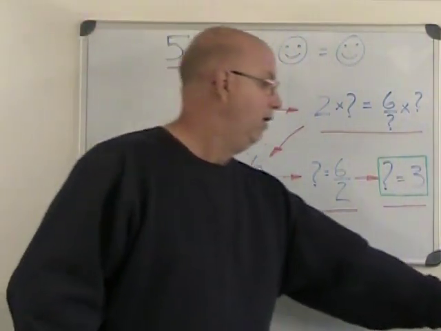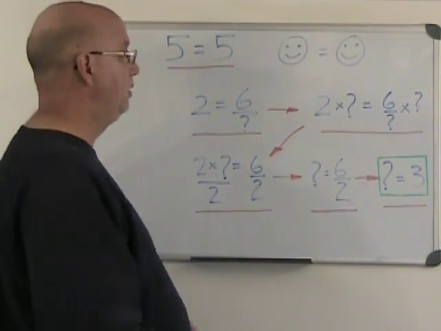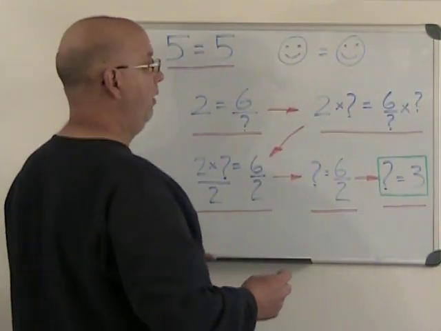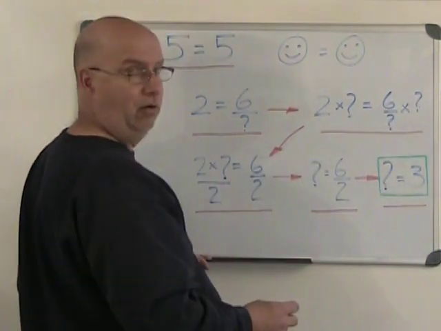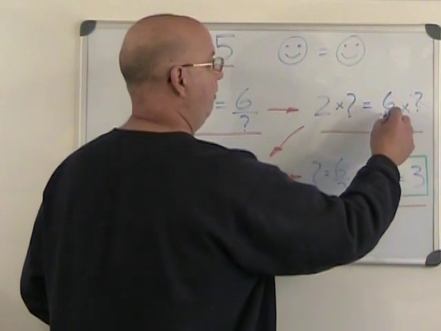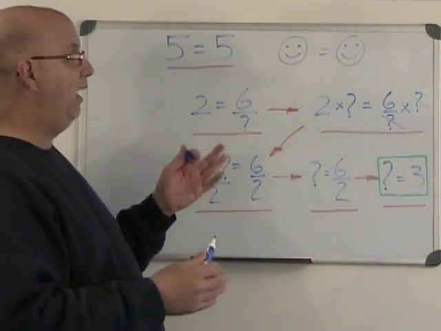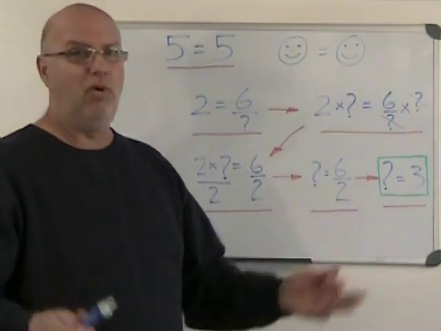And we do that because it permits us to simplify the equation. I've multiplied both sides by our unknown, and that means that 6 over unknown times unknown can be simplified. I can remove those two unknowns, and I still have the same equation because unknown over unknown equals 1.